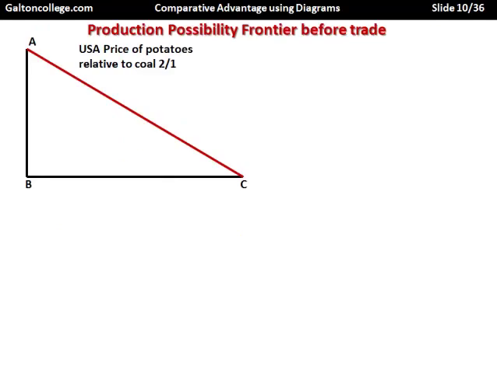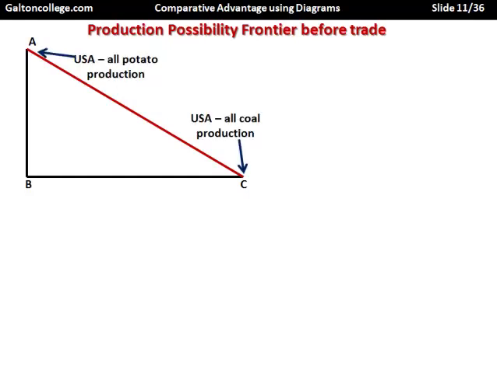Now let's start with a diagram. Let's deal with the American price of potatoes relative to coal and say it's 2 to 1. So if we have coal along one axis, along say BC, and AB could be potatoes, then the line AC represents the price, the relative price.